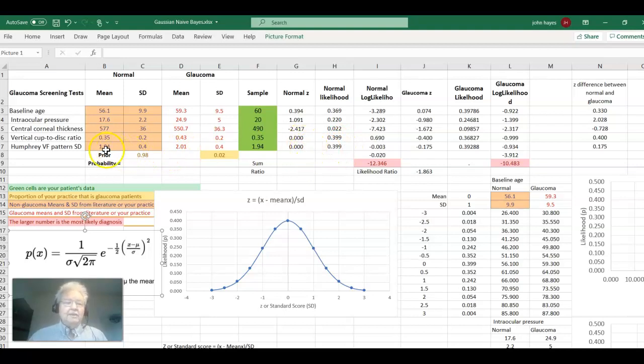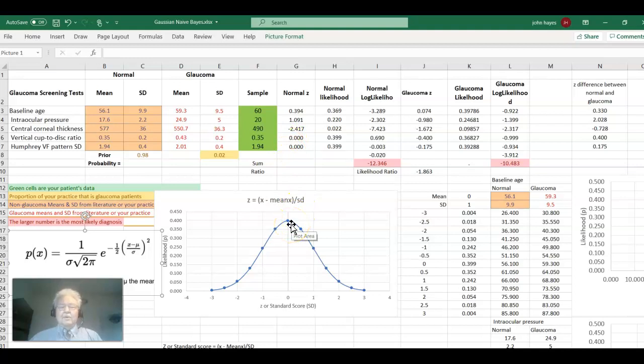Okay, and that's the same way with both. Notice these two measures, the Humphrey visual field's pattern standard deviation, where the mean is 1.94, and the vertical cup to disc ratio, where the mean is 0.35. They're both right on the money for being normal, so they're both a z of 0.